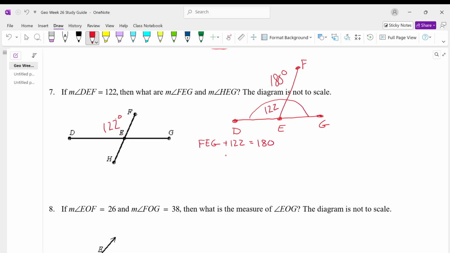So we can subtract 122 from each side, and FEG is equal to 180 minus 122. 58 degrees. So we can write it in, 58 degrees.